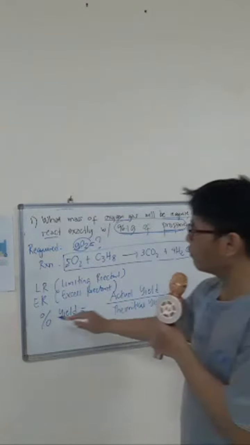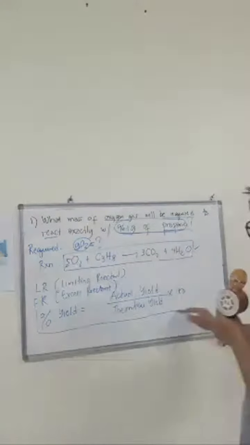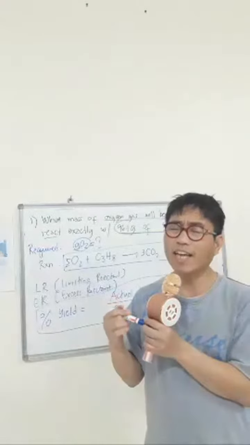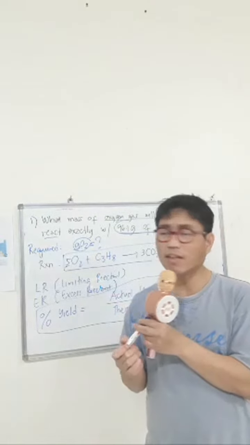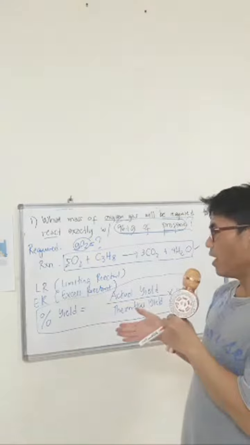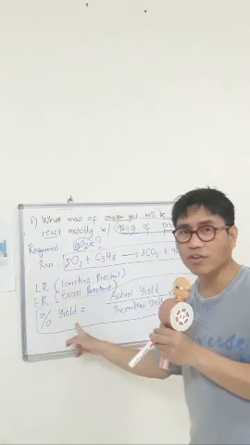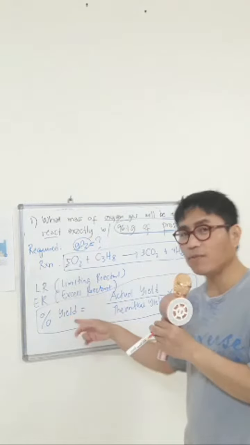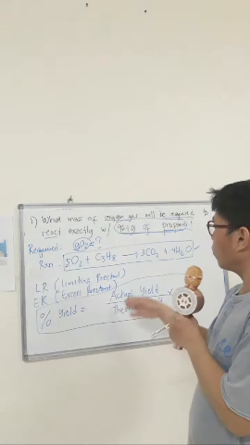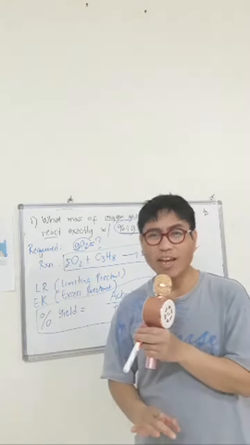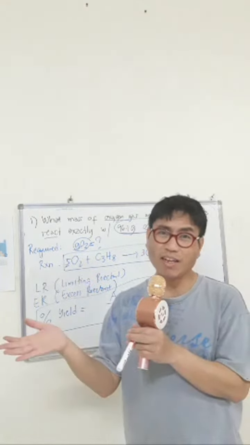Remember, this formula is the same as the principle of mechanical advantage in physics. That states percentage efficiency, where the word is always changed: instead of yield, it's efficiency, equal to the work output over the work input times 100. It's just the same thing in physics.